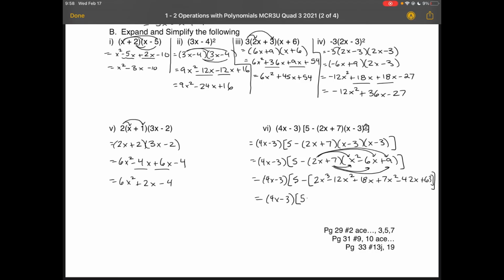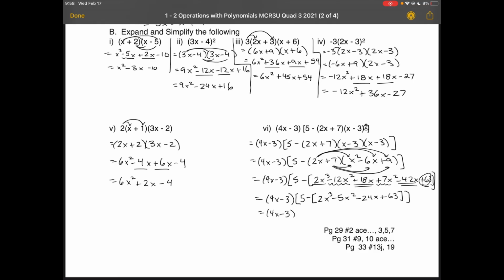So I've got an x cubed. I have 2x squared terms. I have 2x terms. And then finally, I've got a constant at the end. So I've got 5 minus 2x cubed minus 5x squared minus 24x plus 63.